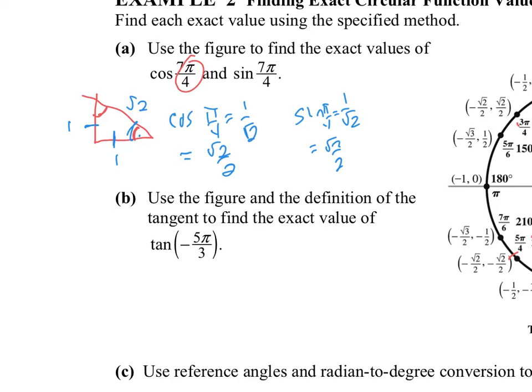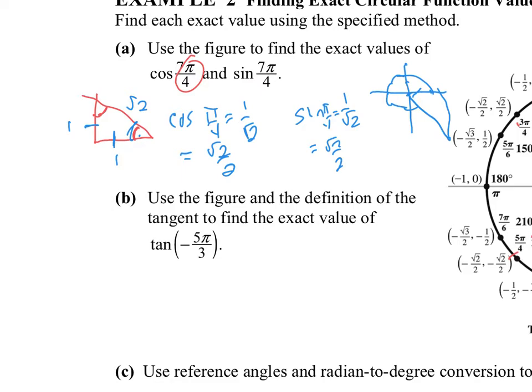However, you have to take into account what quadrant I am in. So without looking at that fancy circle over there, I'm going to realize that this is 1, 2, 3, 4, 5, 6, 7. I know I'm in this quadrant.